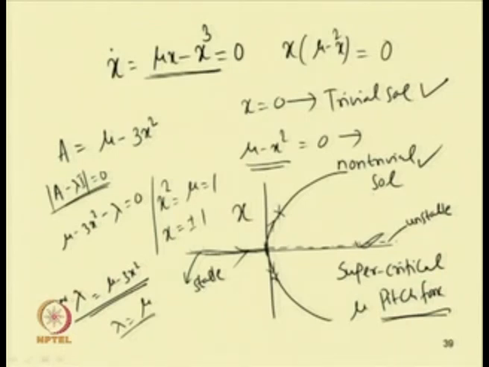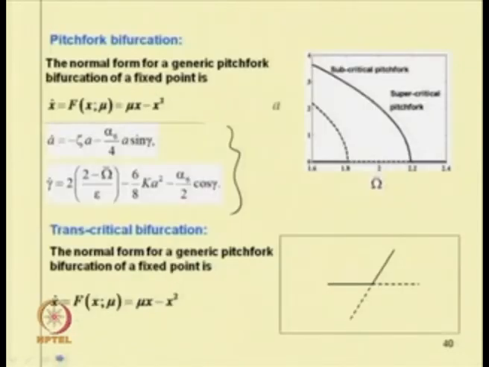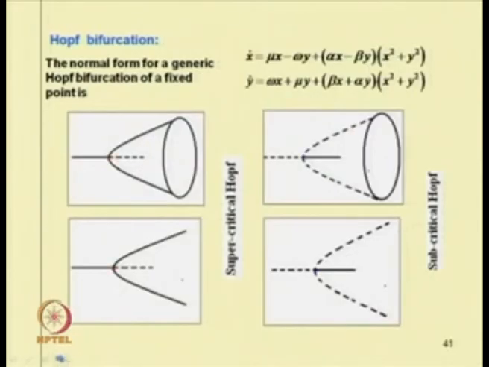So, we can have a backward bifurcation point also, corresponding to this. For example, if we take x dot equal to mu x plus x cube. Let us take this example, mu x plus x cube. Taking x common, this is mu plus x square.